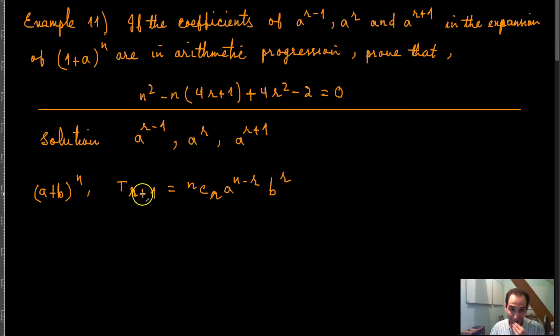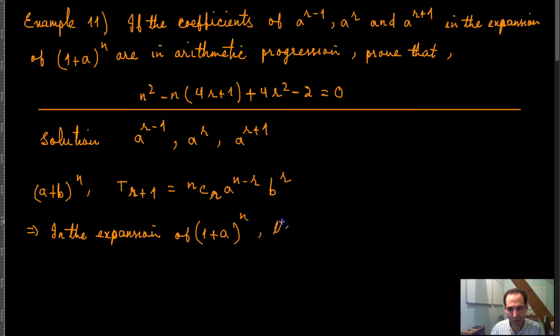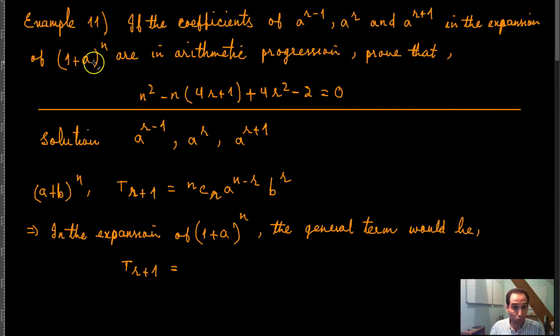in the expansion of (1 + a) raised to the power n, the general term would be T of r plus 1, which is equal to n combination r.